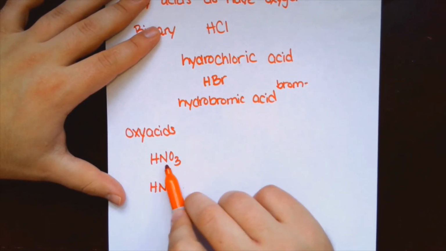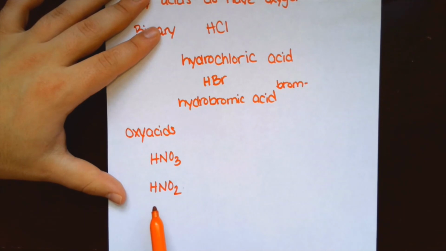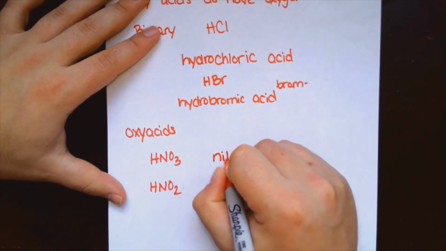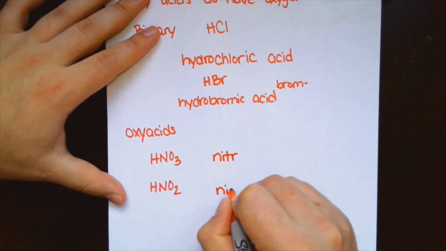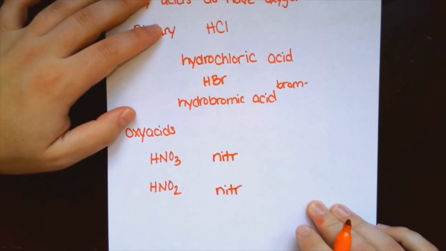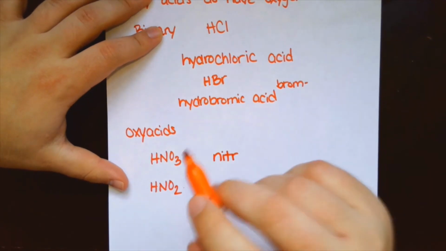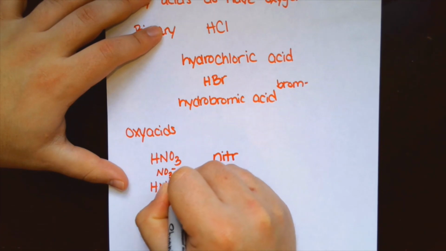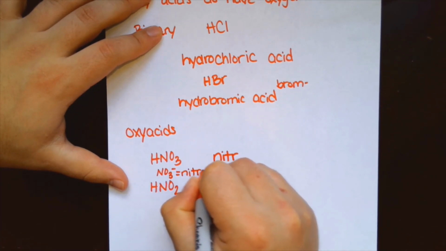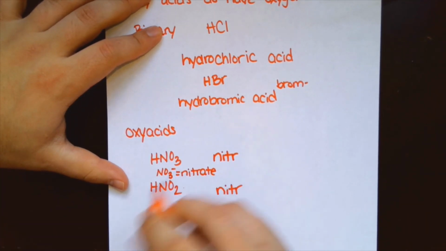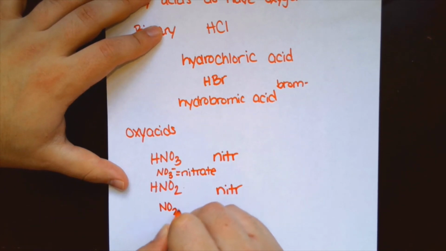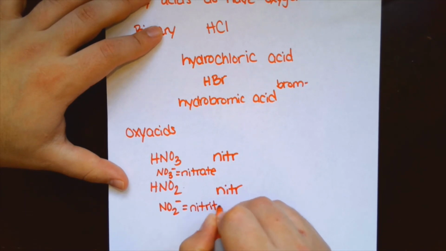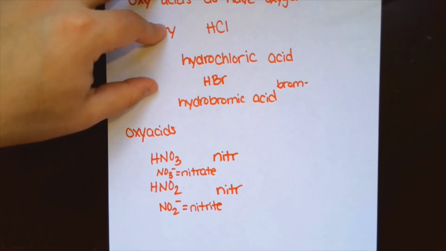So this is nitrate, and for what it's worth, NO2 minus is nitrite. So they both have the same root. NITR. Now, remember I said just now that NO3 minus in its polyatomic form is nitrate with an ATE suffix, and NO2 minus in its polyatomic form is nitrite with an ITE suffix.